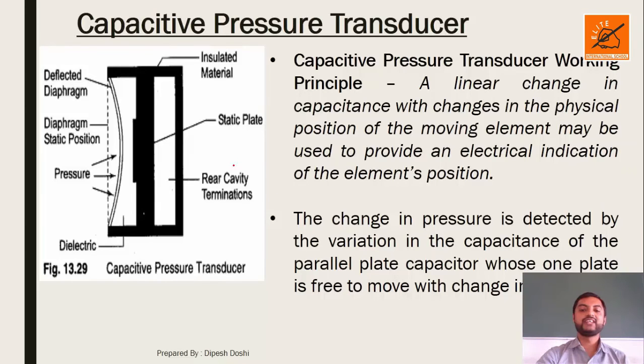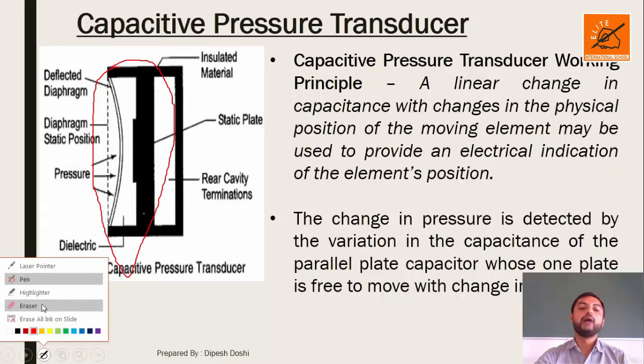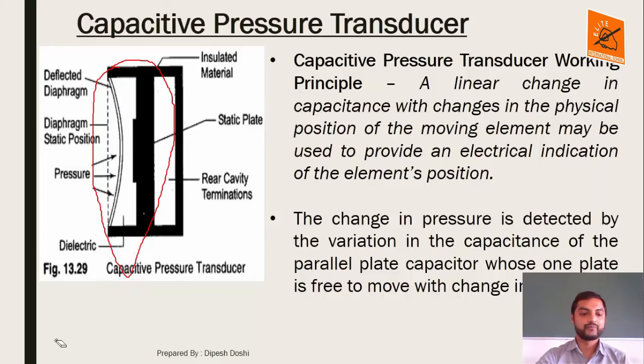Clear? So we can say that here change of the pressure is detected by the variation of capacitor plates, and that can be measured with the help of bridges. Clear?